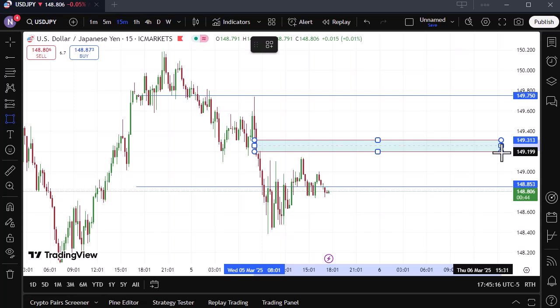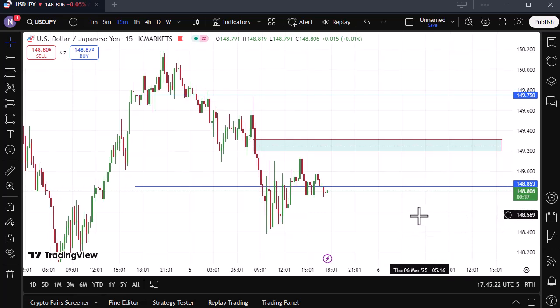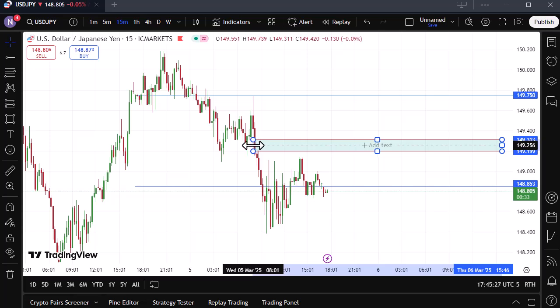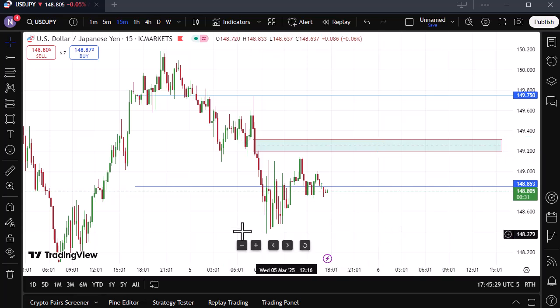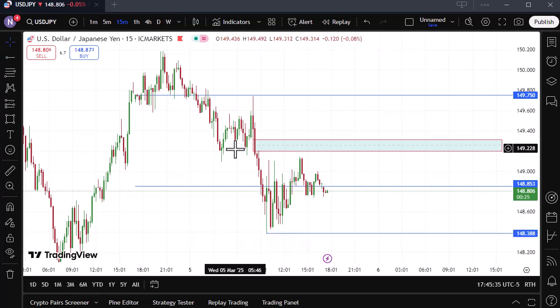This one has not been filled, so we expect the market to move that way, to fill out this fair value gap on this side, and we have this liquidity on the downside.